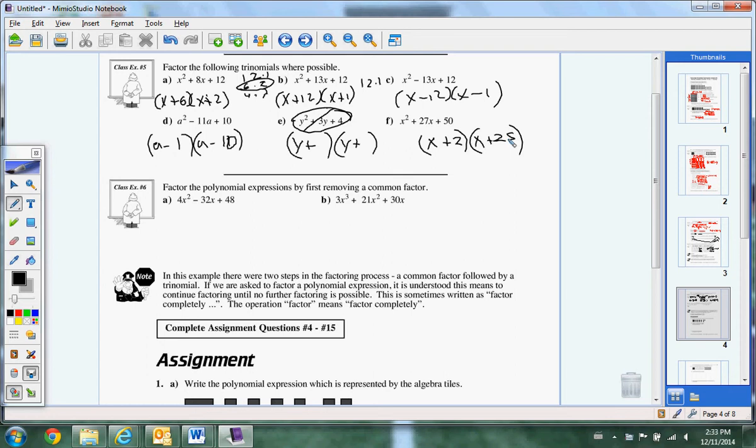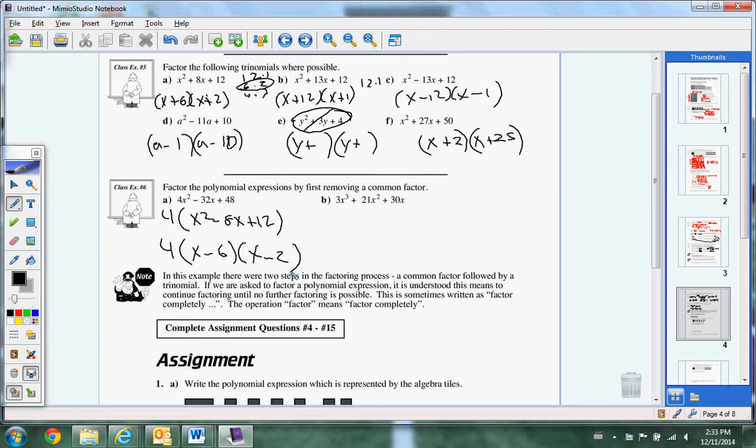Okay, what do they have in common here? A 4. So I can pull that 4 out. Now I have x squared minus 8x plus, what's that going to be, 12? Now factor that. Factors of 12 that add up to 8. Six and 2.